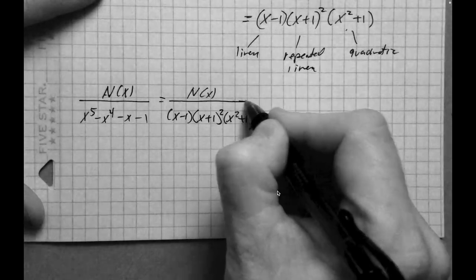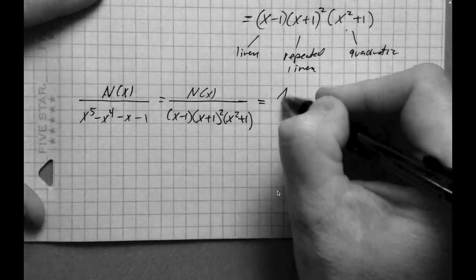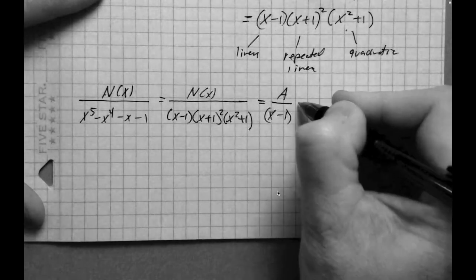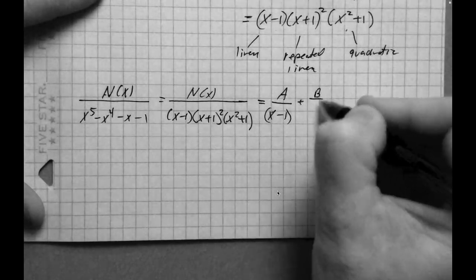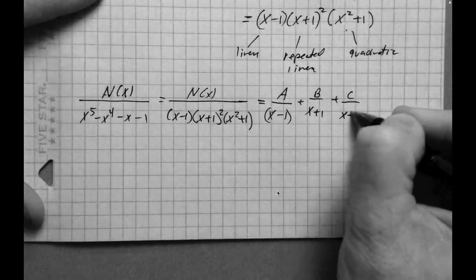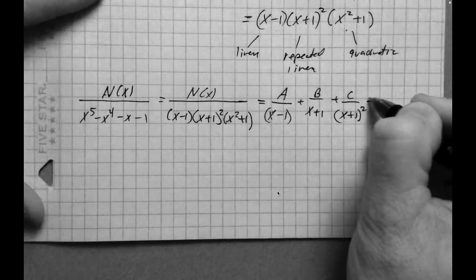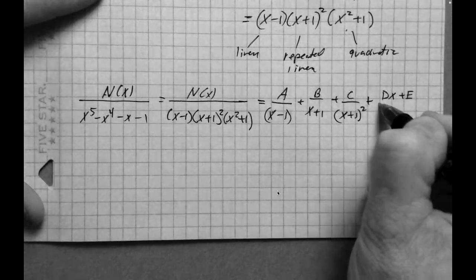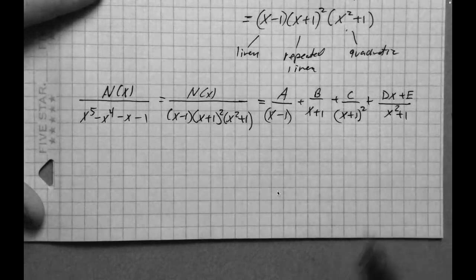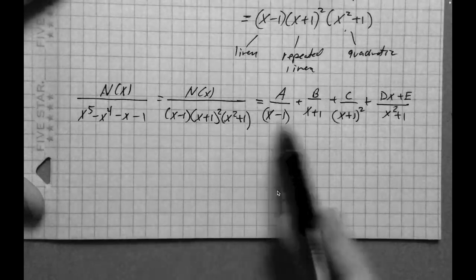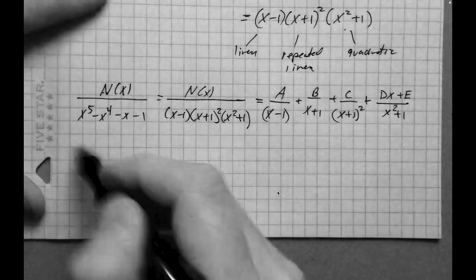And what we want to do is re-express this as something like this: a over x minus 1 plus b over x plus 1 plus c over x plus 1 squared plus dx plus e over x squared plus 1. Okay, so this is what we mean by a partial fraction decomposition.